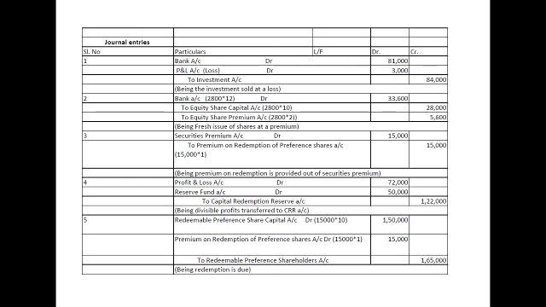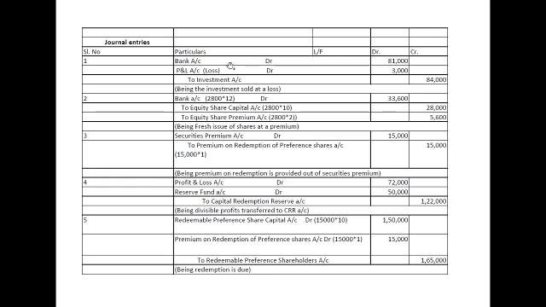Now, with respect to journal entries, there are main 5 to 6 journal entries as per the standard journal entry base. The first journal entry should be with respect to the loss or profit on sale of investment or maybe any assets. So in this case, investment is sold. So we will write the entry for that.